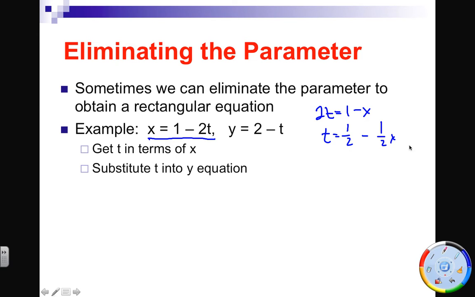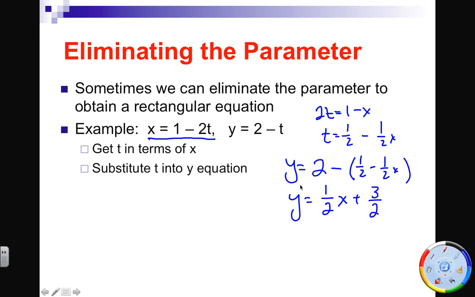And then if I know that t is something, well, I have a y equals, so y is equal to 2 minus (1/2 minus 1/2 x). So I get minus a negative half makes a 1/2 x, and 2 minus a half is 3/2. And there you go. If you were to graph this parametric equation on your calculator in parametric mode, you should get a graph of the line 1/2 x plus 3/2.